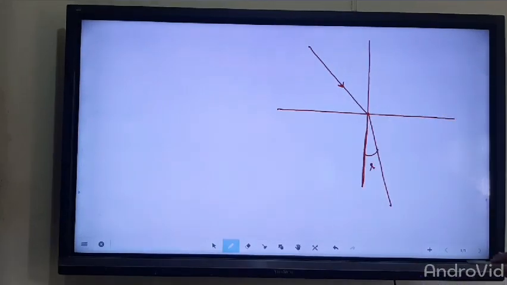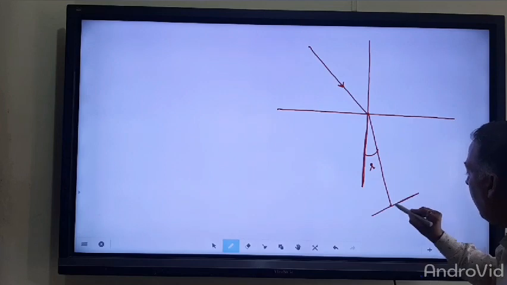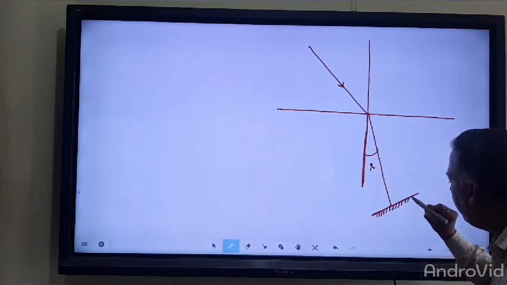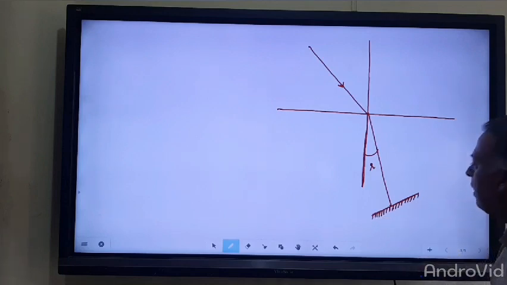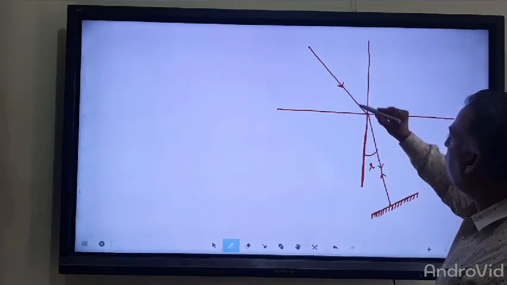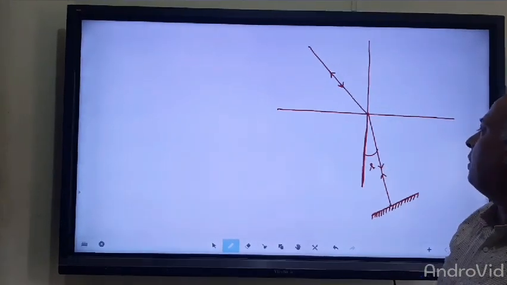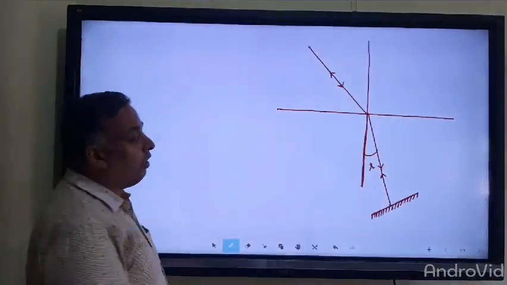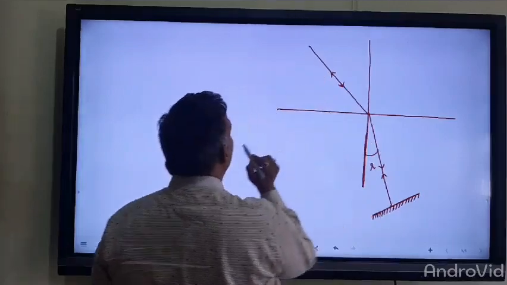I place a plane mirror normal to the refracted ray. When it is placed normal to this refracted ray, the ray retraces back its path.